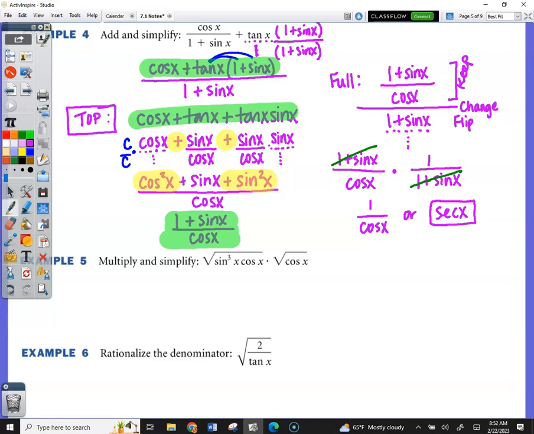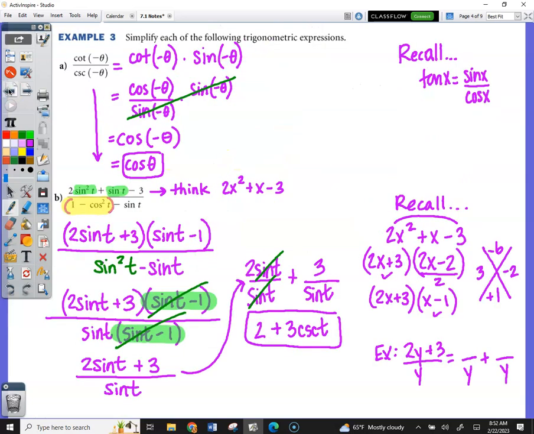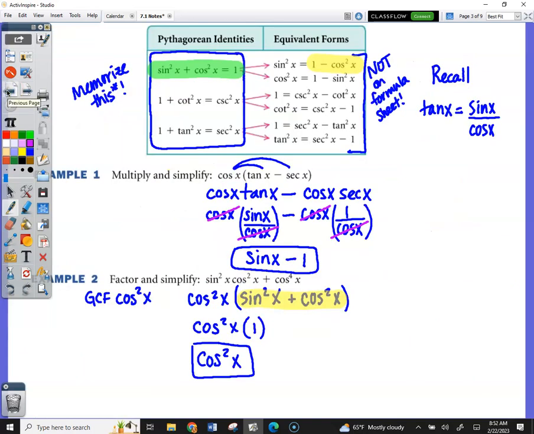Josh, did you have a question? Yeah. How do you get 1 from cosine squared and sine squared? Oh, right here. Anytime that's in an expression, as long as they're both positive, you just put 1. Great question.